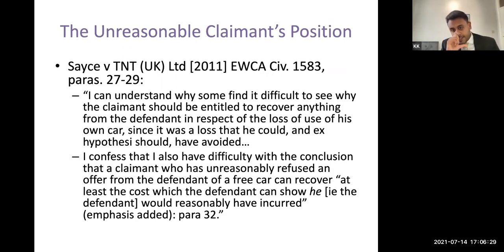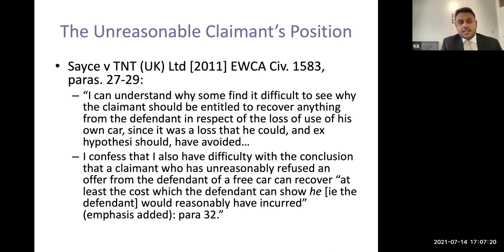I must say there was some criticism of this particular point, and what we can see in paragraphs 27 to 29 of the decision of SACE is that the Court of Appeal were quite critical of the court in Copley, but they did ultimately follow the same approach, and there was some tacit acknowledgement as to the position being somewhat awry, in that the court said that they can understand why some people find it difficult to see why the claimant should be entitled to recover anything from the defendant in respect of the loss of use of his own car, since it was a loss that he could and ex hypothesi should have avoided.